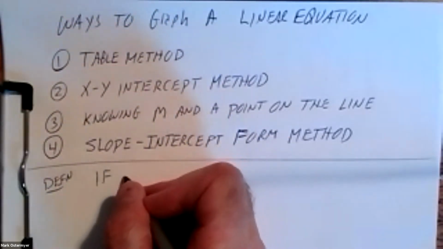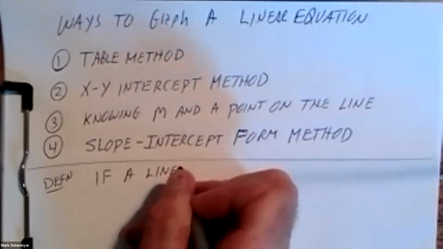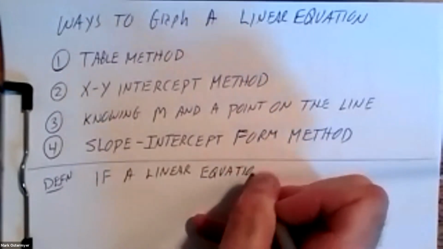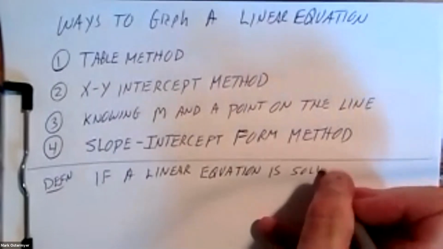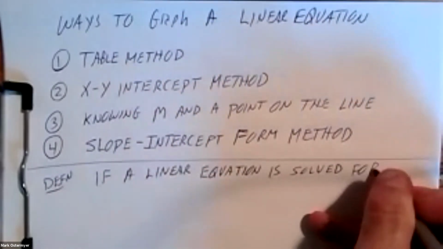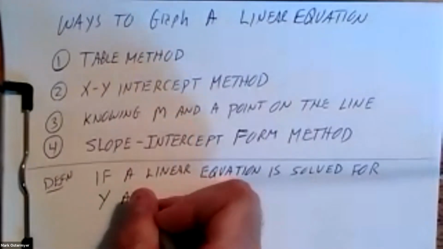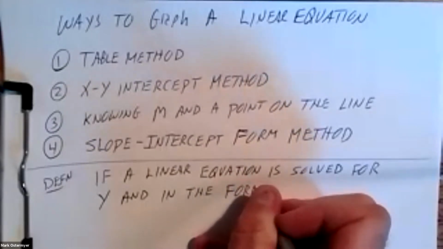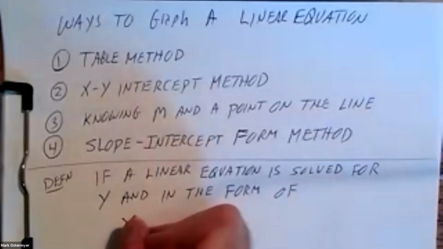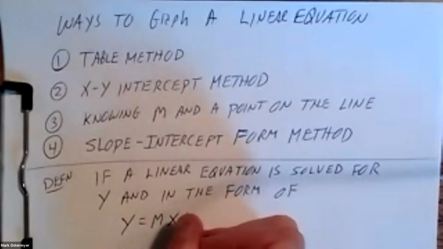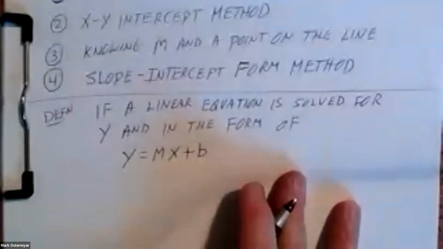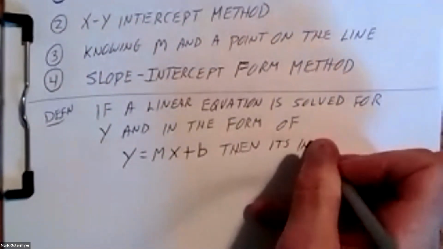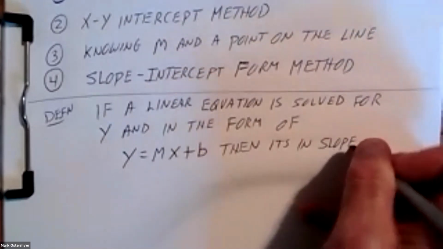If a linear equation is solved for y and in the form of y equals mx plus b, then it's in what is called slope intercept form.